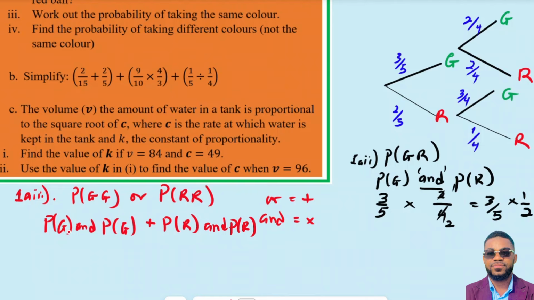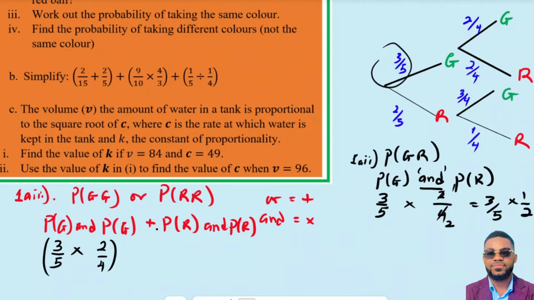Probability of getting a green ball in the first selection is going to be 3 out of 5. So we have 3 out of 5. And means multiplication. And probability of getting another green in the second selection, that's going to be 2 out of 4. So we have 2 out of 4 here. So that's going to be for the green part.